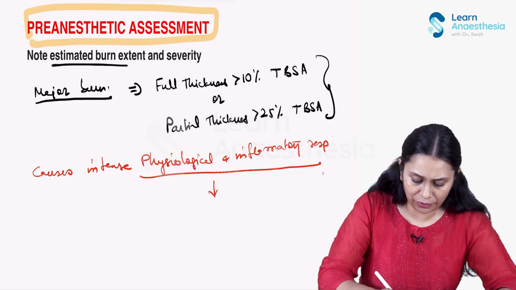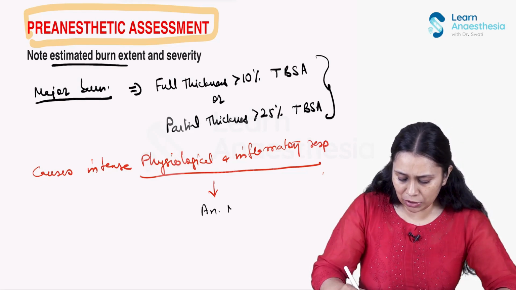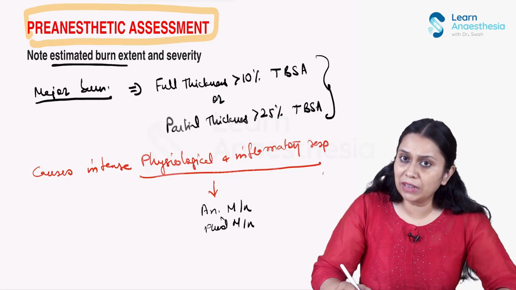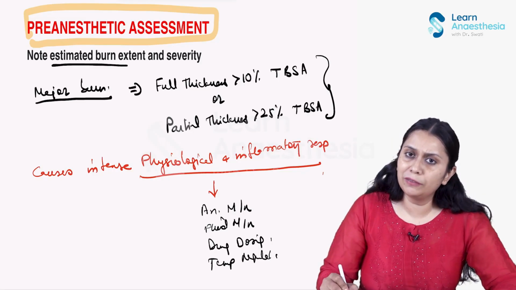It will affect our anesthetic management, our fluid management, and our drug dosing, because drug dosing is also affected by it, and it will also affect temperature regulation. So all these things we have to consider.